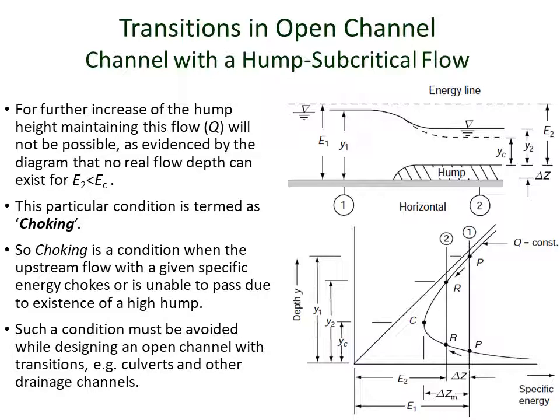So now try to imagine a condition for which delta z is greater than delta zm. When the hump height is greater than delta zm, there is of course no flow possible with the given upstream flow conditions, as the specific energy downstream becomes less than the critical energy.